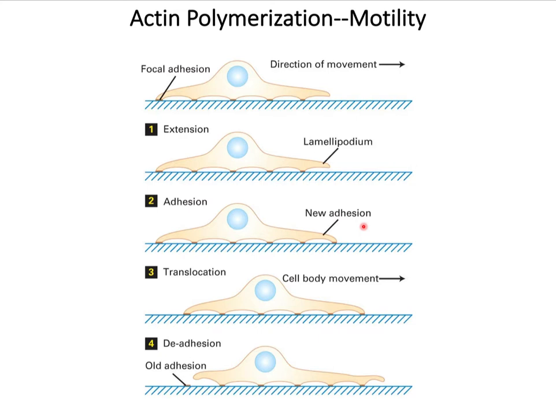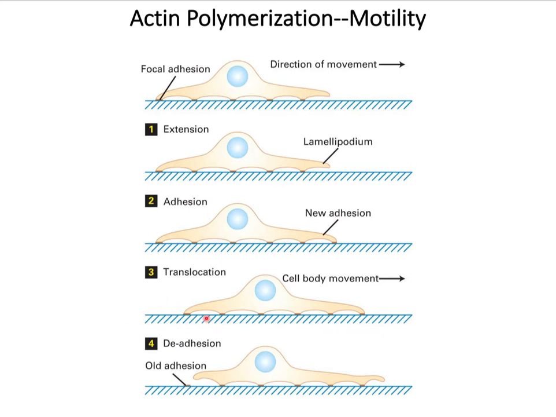And then you get the formation of a new adhesion between the cell and the extracellular matrix. You get the forward movement of the cell body. You can think of it as the body of the cell snapping forward, as shown in the translocation. Finally, you have the lagging edge or the rear of the cell that needs to have deadhesion, where you get the release of the cell from the matrix.